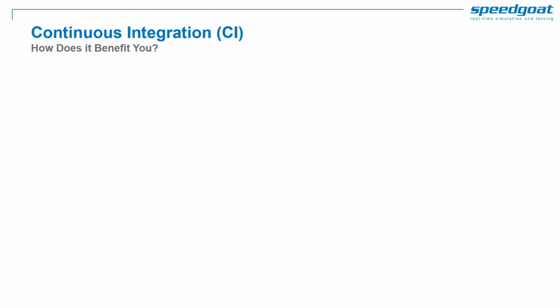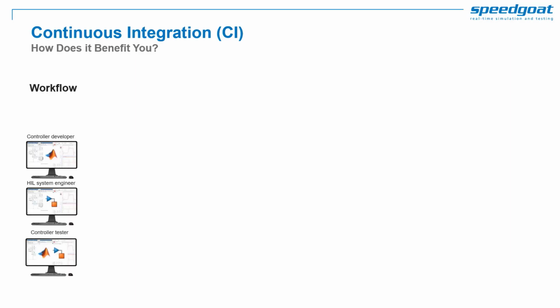Continuous integration, or CI for short, automates building and testing of software. A lot of times, a CI workflow starts in your machine, as you are using MATLAB and Simulink to develop control software, test cases, or plant models.